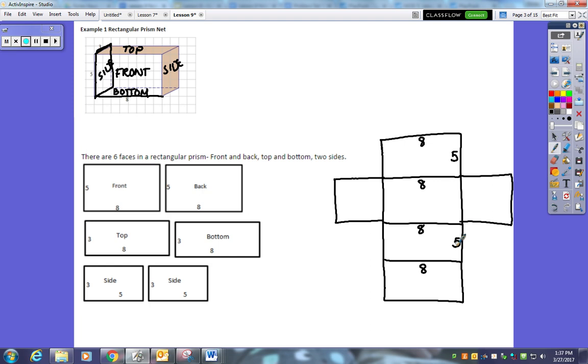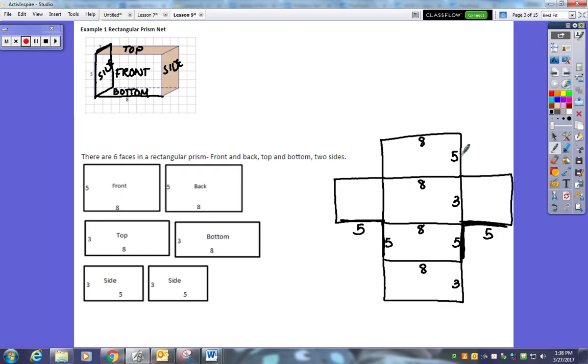Something that's important to note is that if they were to fold up, this side and this side would match up, meaning this number and this number need to match up. The same goes here. This is the same side length as this, so since this folds up with this, it would also be 5. The other number that we're missing from here is we see the 8 and the 5. We're missing that 3. So this would be the 3 here, and then again a 3 down here. So basically overall, you run the same number down the center.